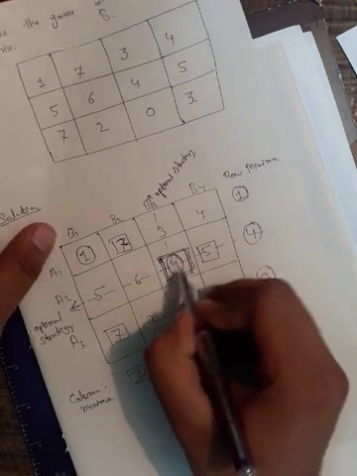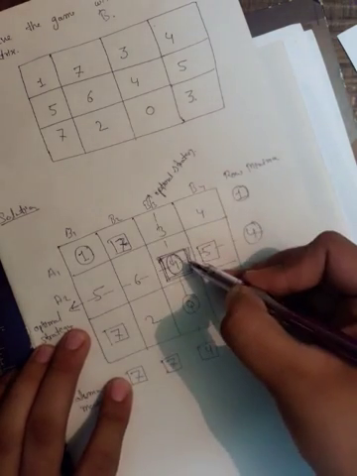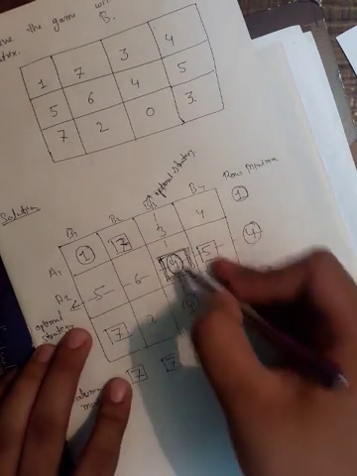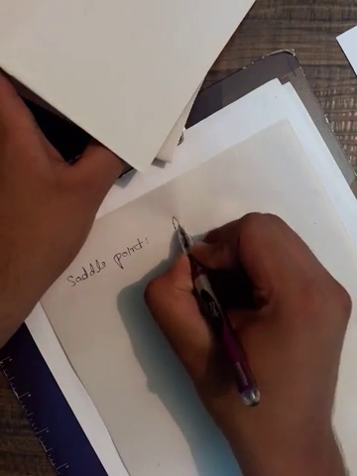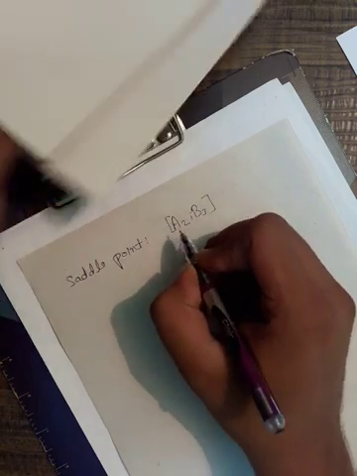So our saddle point is this. What is the location of this? Location is A2 and B3. So the saddle point is A2 B3.